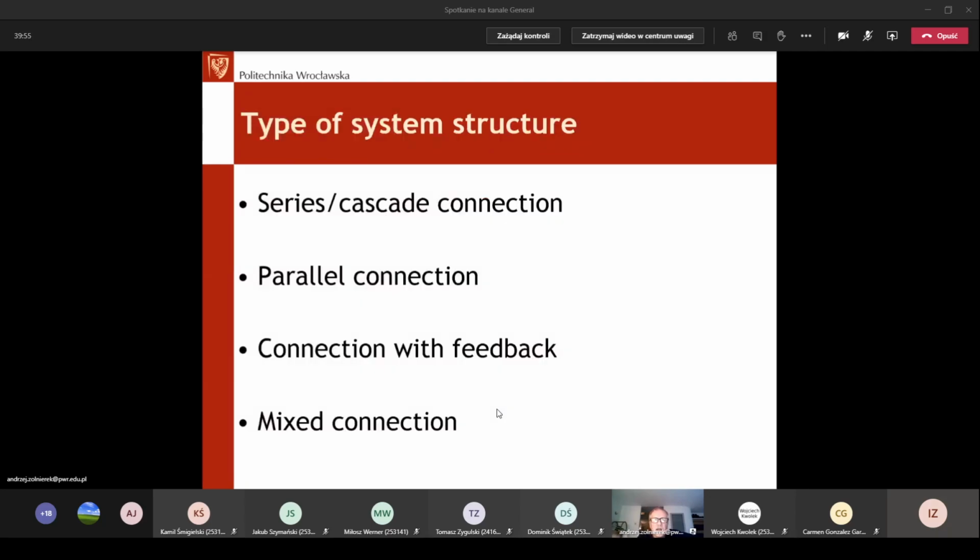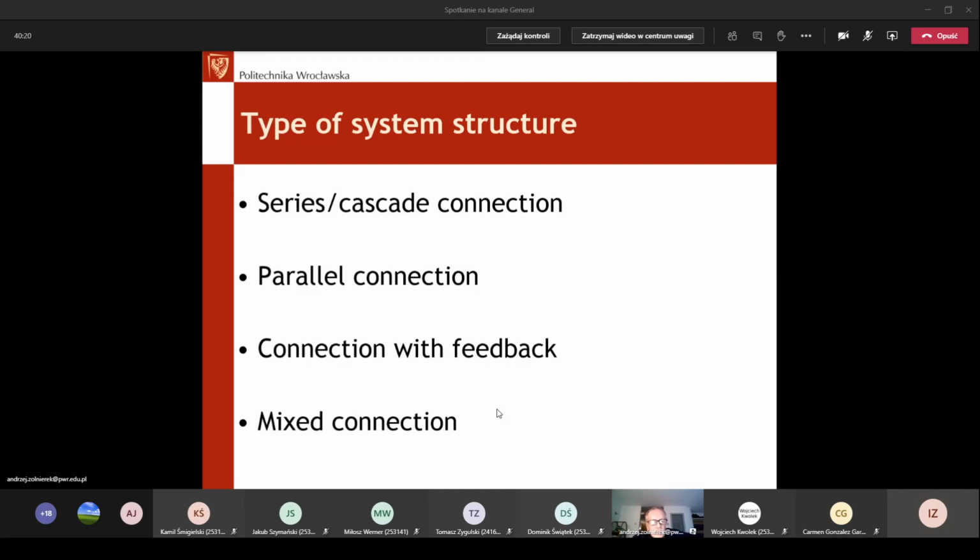Okay, and how can we connect these elements, these substructures, subsystems? Let's focus on elements first. I mean that now we will try to connect elements in order to obtain a system.